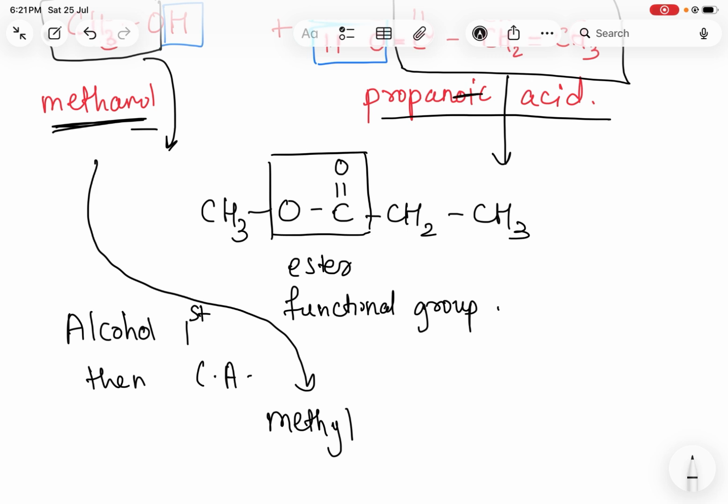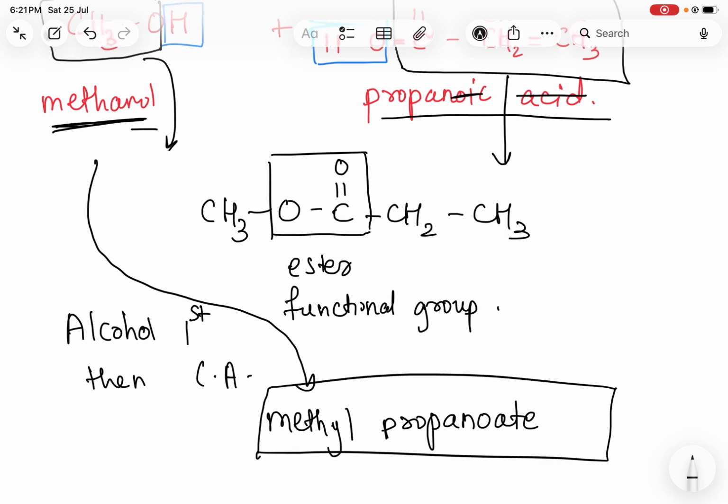So I will remove oic acid and write propan as it is, and the ester ending is OATE. So the name becomes methyl propanoate. The name of this structure becomes methyl propanoate.